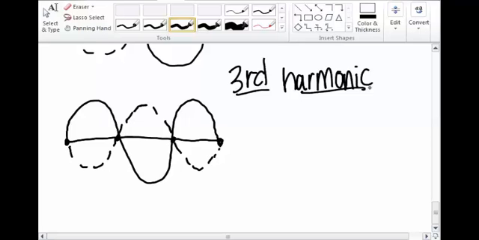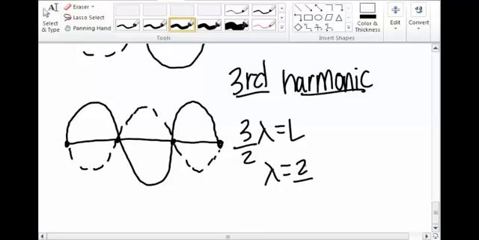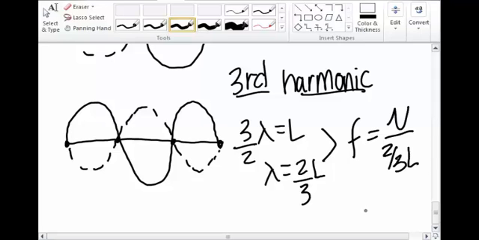Alright, so how many wavelengths do I have here? 1.5. Good. And I can write 1.5 as 3/2, yeah? So that would make my wavelength equal to 2/3 L, which would then make my frequency equation 3V over 2L.